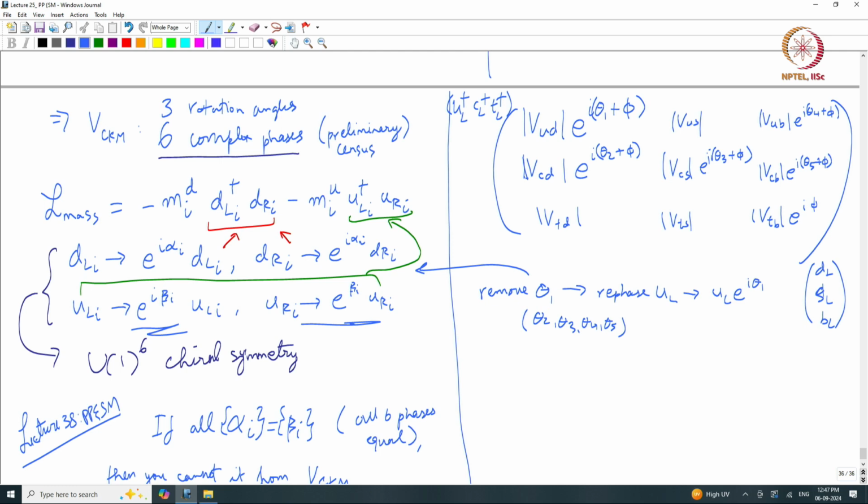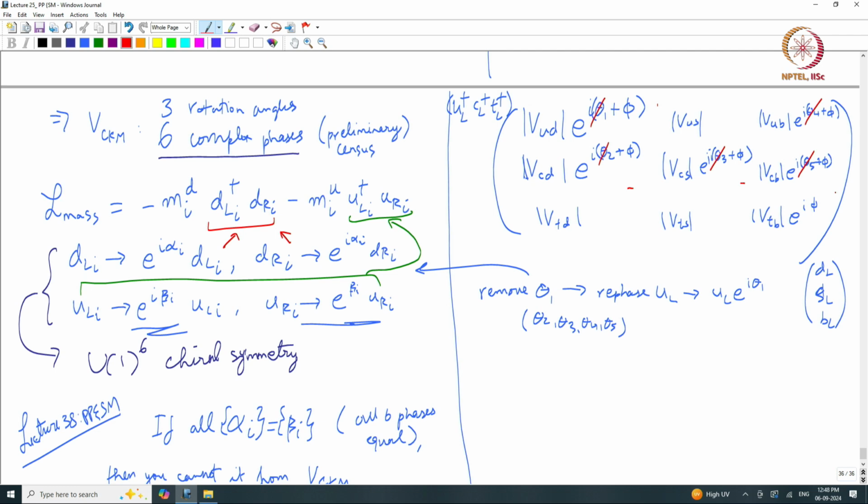So, let me just do that now. I have removed this and this appropriately by picking some field or the other on the left or the right and rephasing that particular field to remove those 5 phases. But now you can see that I am still stuck with e power i phi, right, and that is still sitting 1, 2, 3, 4, 5, 6 in 6 different places.